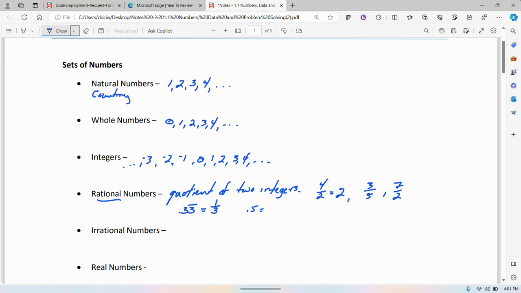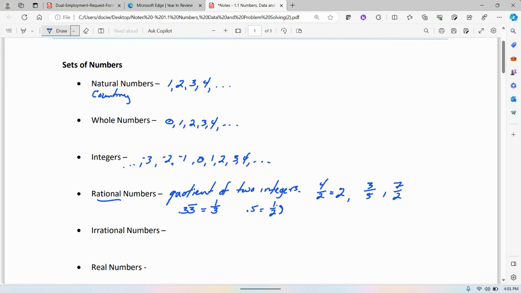0.5 is 1/2. Any decimal that will either end like 0.5, 0.25, 0.6, those numbers are rational. They can be expressed as a quotient of two integers, a fraction where both the numerator and the denominator are integers.